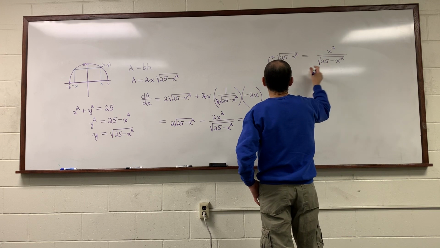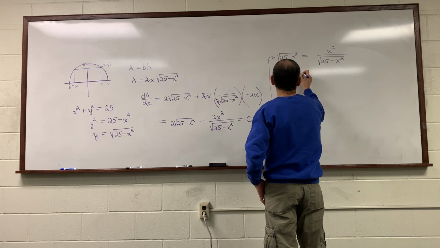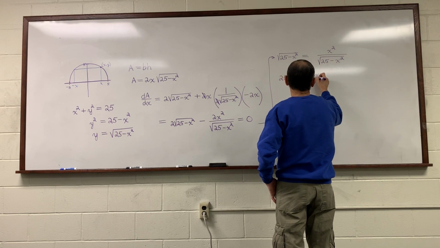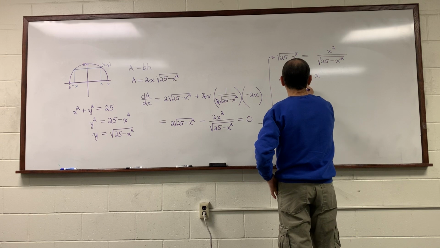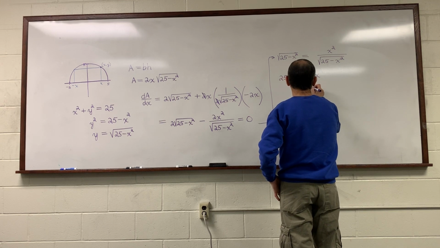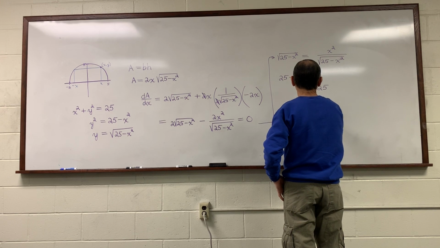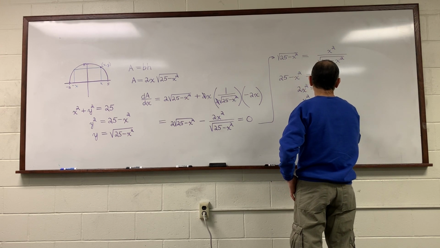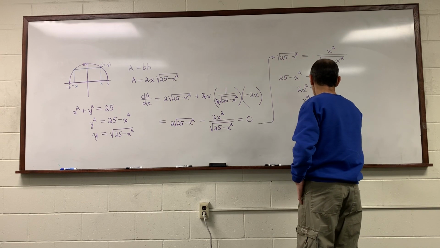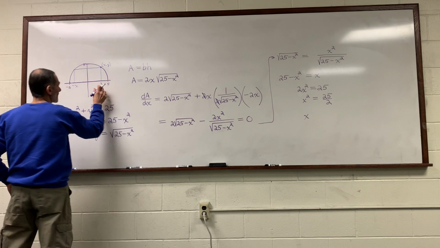Multiplying both sides by the square root of 25 minus x squared yields 25 minus x squared equals x squared. So 25 equals 2x squared, or equivalently 2x squared equals 25. X squared equals 25 over 2. X equals, now x we have already established to be positive.